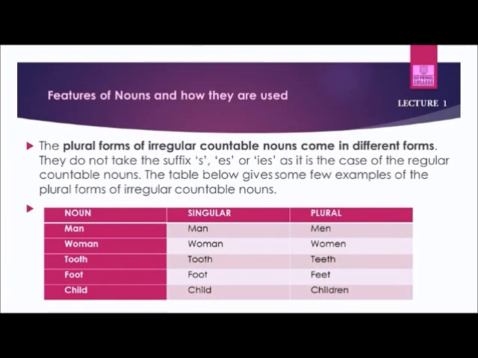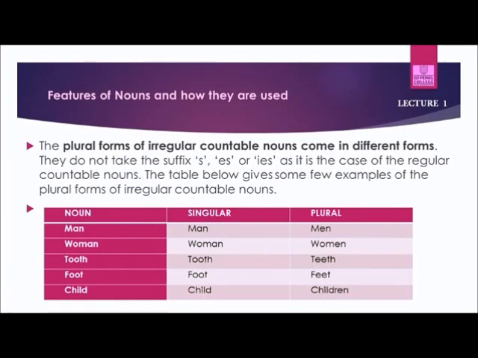Some of them just have a vowel change in the middle, as in man, singular, and then men, being the plural. We have tooth, and then teeth. Now, these are a few examples of the plural forms of irregular countable nouns.